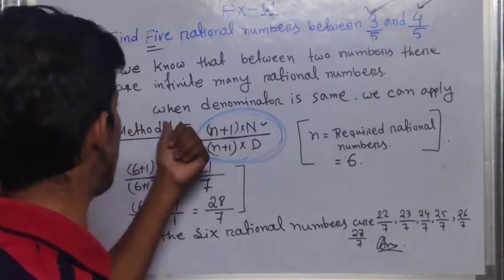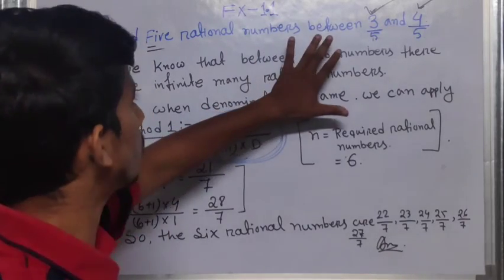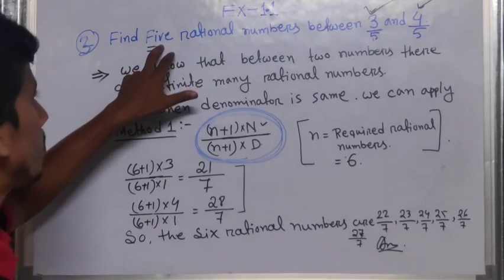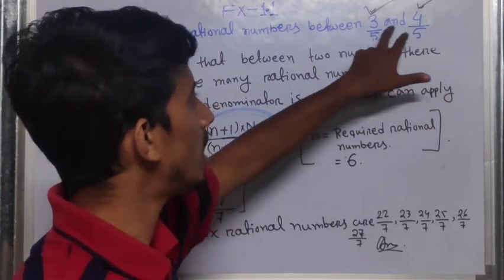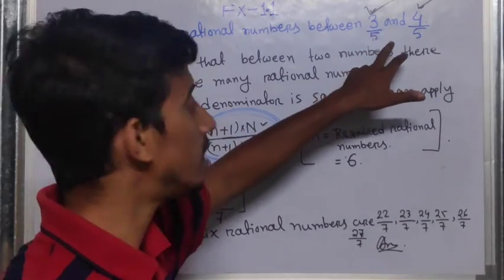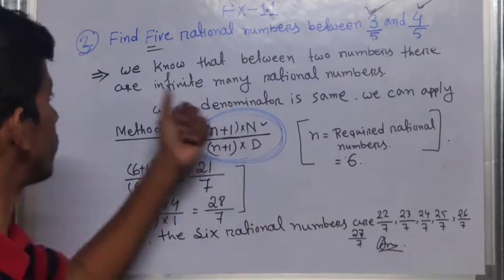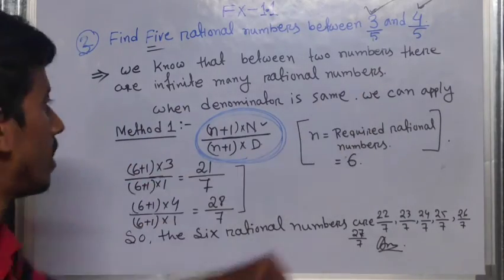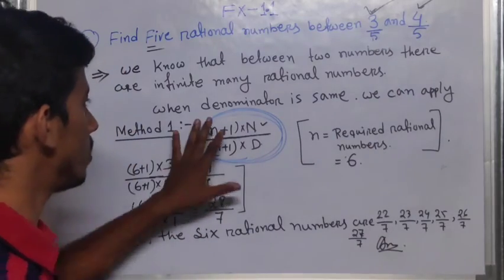It means we will do the same way. We know that between two numbers there are infinitely many rational numbers, same as when the denominator is the same. We can apply this method, the same formula.